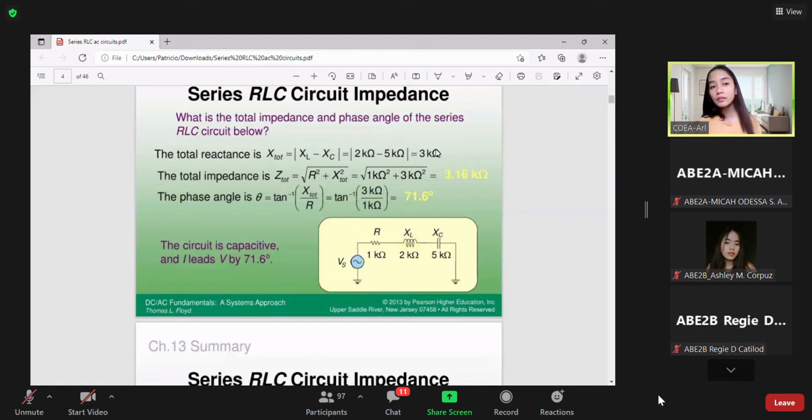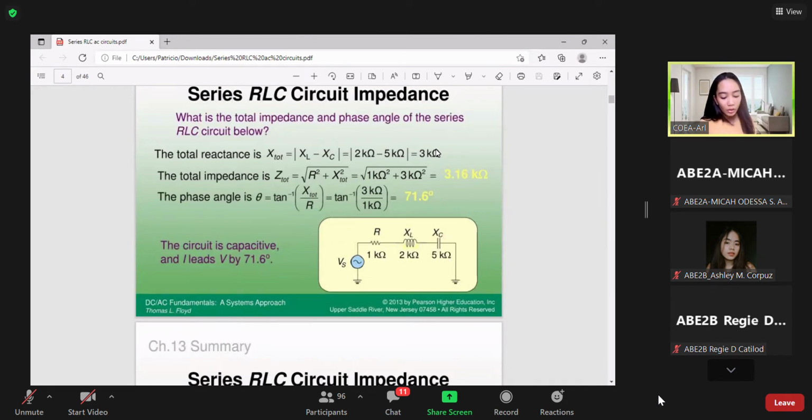Maybe someone will ask: ma'am, can we do what we did earlier, which is to just convert in the calculator? Yes. You just need to input 1 times 10 raised to 3, or 1,000, plus 3,000i. Then press enter. Kindly check.